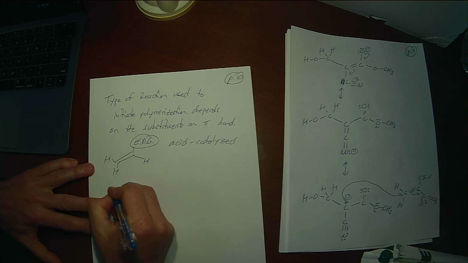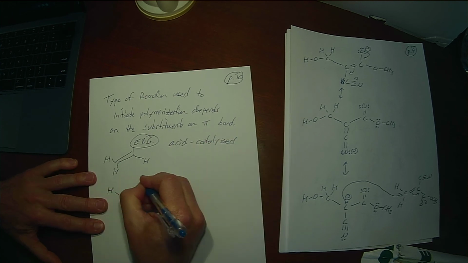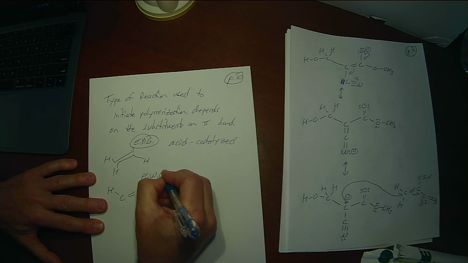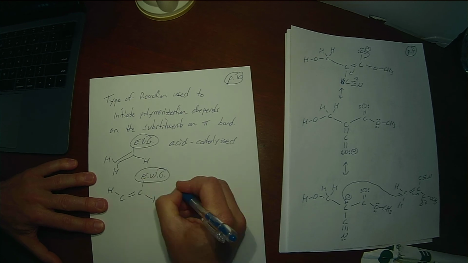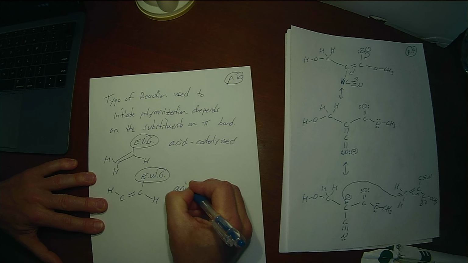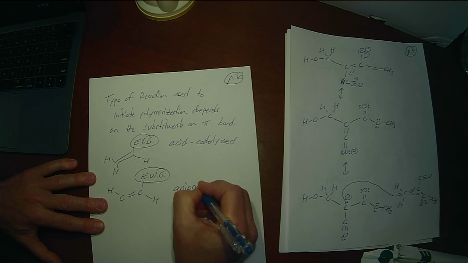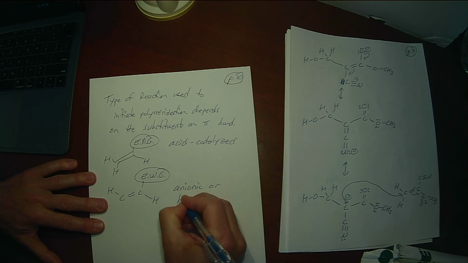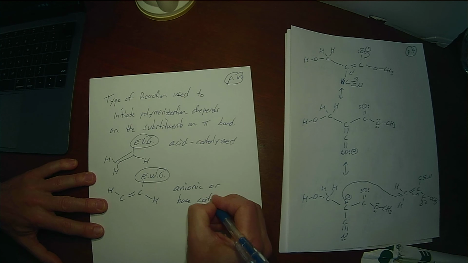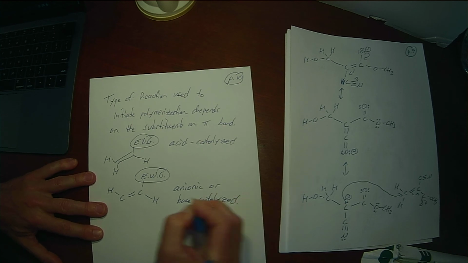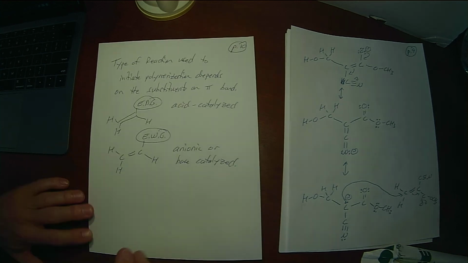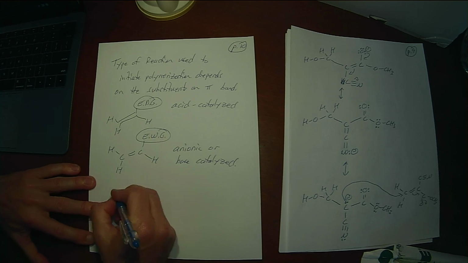And if we have something which is an electron withdrawing group, we're going to use an anionic or base catalyzed polymerization reaction.